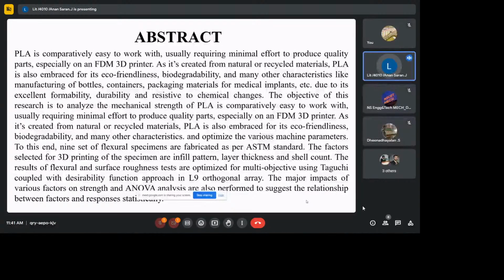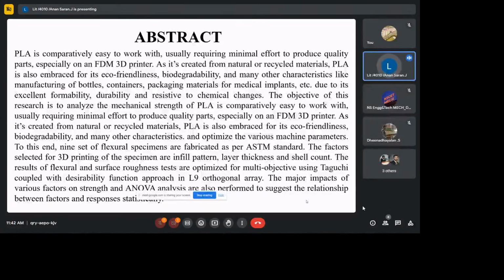We are using the PLA material, also known as polylactic acid. It is specially made by the FDM 3D printer, sir. The material we are using is natural and recycled, eco-friendly, and biodegradable, and it is used in the manufacturing of bottles, containers, and packaging materials.